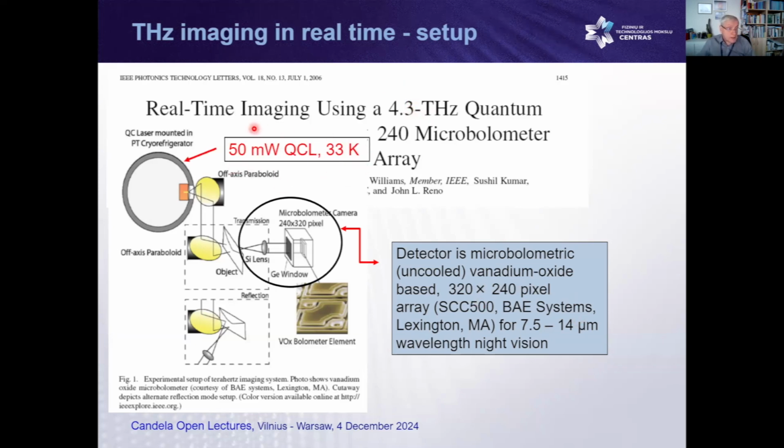So the quantum cascade laser operates in a very powerful regime, 50 milliwatts. 50 milliwatts is a big number in terahertz. Still, cooling to 33 K is not an issue, but 50 milliwatts is a big number in terahertz powers.